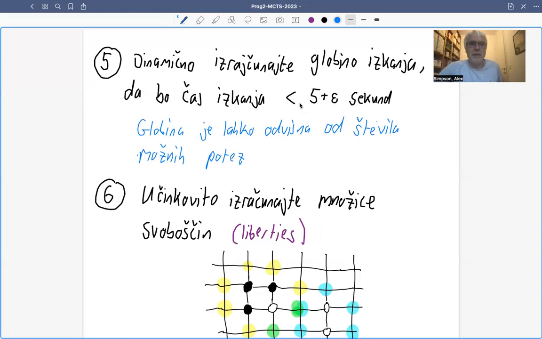So in my algorithm, I can set the depth. In order to have the algorithm work within 5 seconds, I can set alpha beta to a depth of 4 at the start of the game.